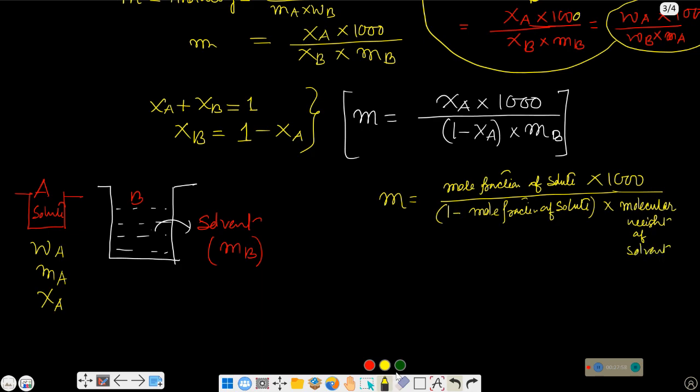So this becomes your formula relating the molality and the mole fraction, right? So have you understood? Okay, up to here we have understood.